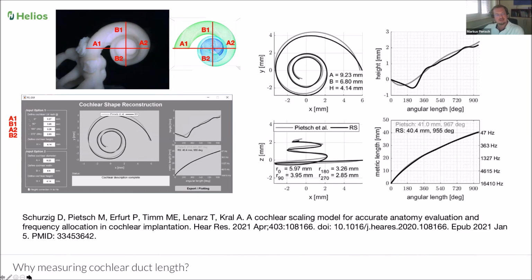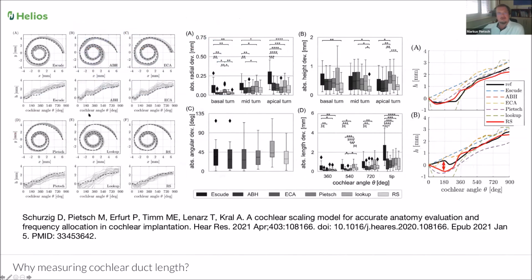And you can see that if you compare the different models, and you see the ECA model, this is the model that is at the moment the base of the AutoPlan software.